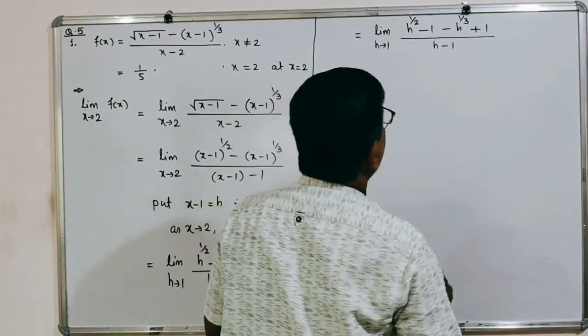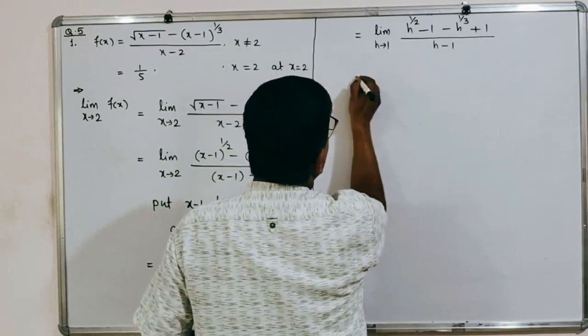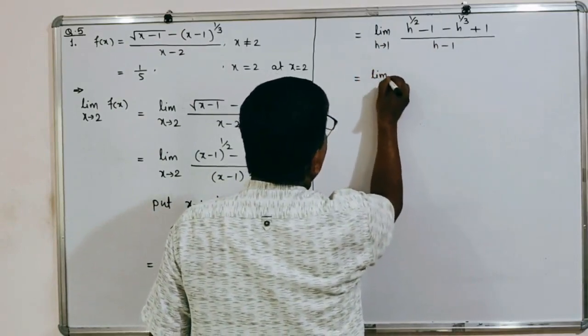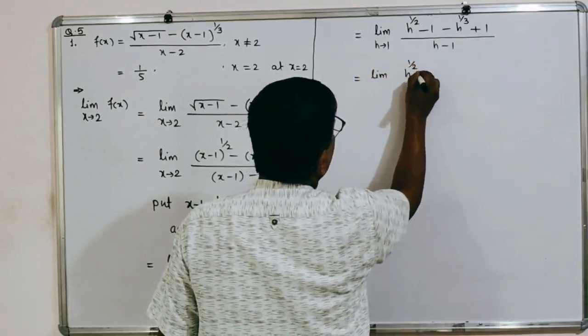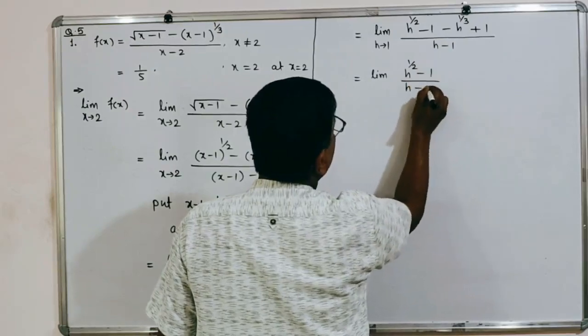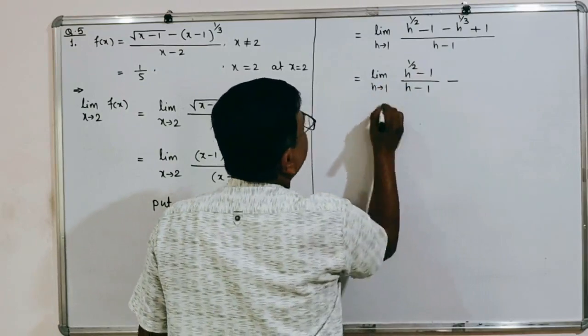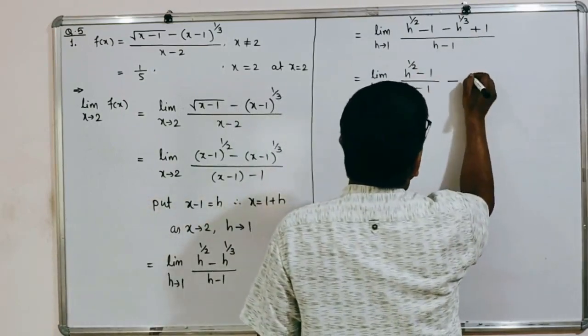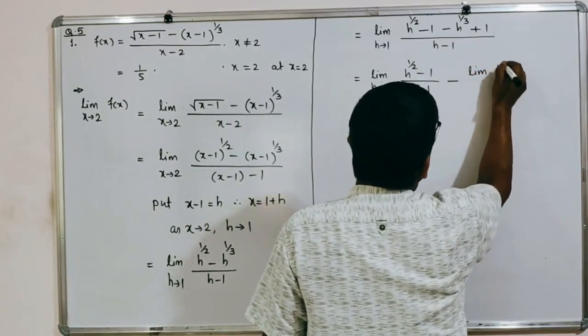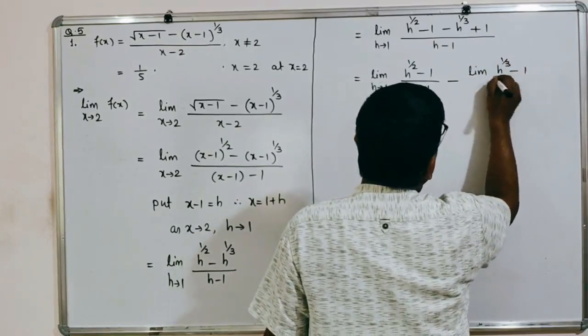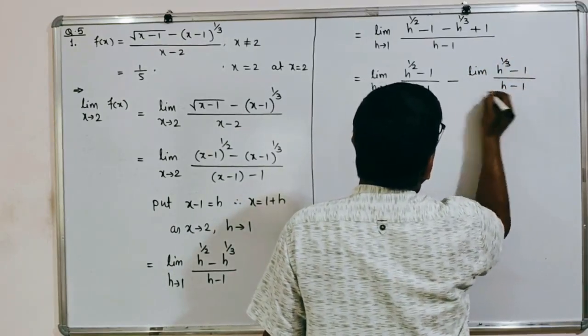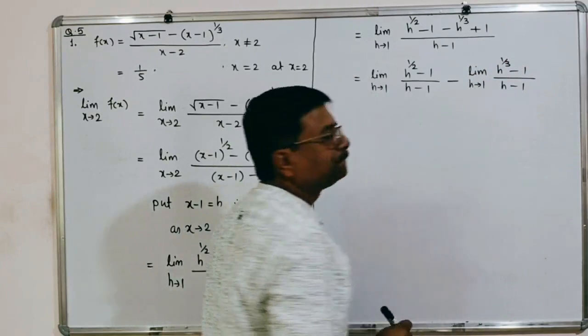Now, using algebra of limits, we can separate it into two limits. It is the limit of h raised to 1 by 2 minus 1 divided by h minus 1, plus, taking minus common, minus the limit of h raised to 1 by 3 minus 1 divided by h minus 1, as h tends to 1.